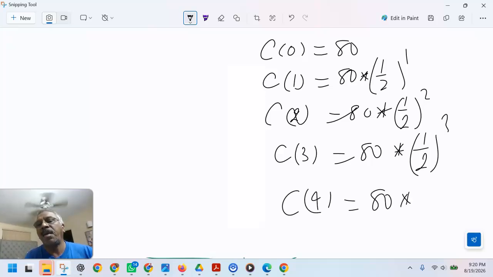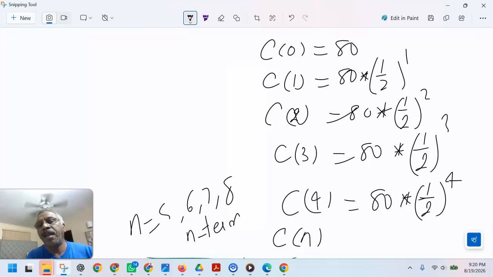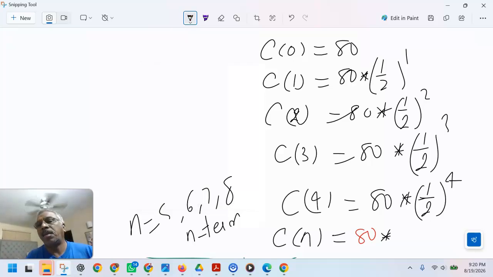And now we can generalize and write it down for any nth step. This is 4. So if I put n, it means n could be 5 or 6 or 7 or 8. That's why we say nth term. Nth term means at any time we can write it. In the beginning it is the 80, and that 80 you multiply by the factor, which is the half in this case.